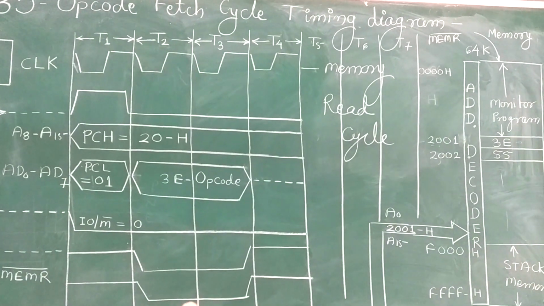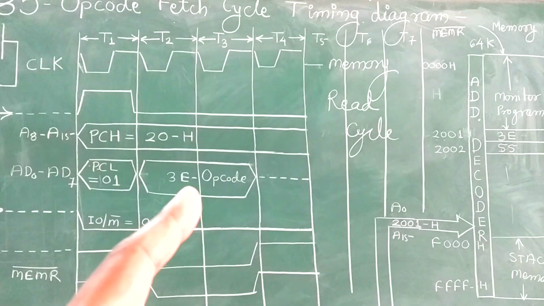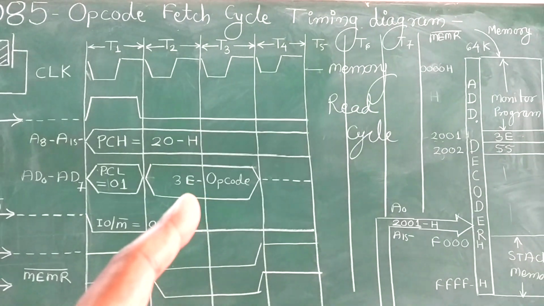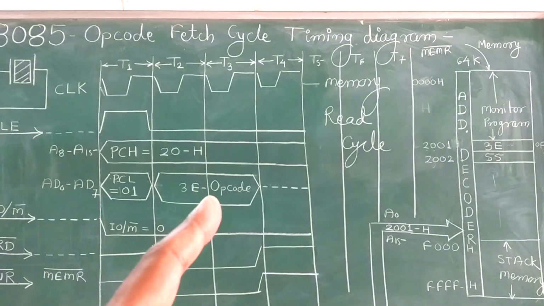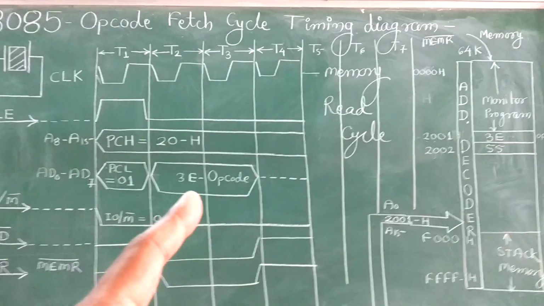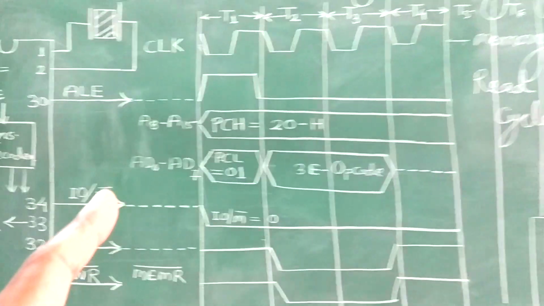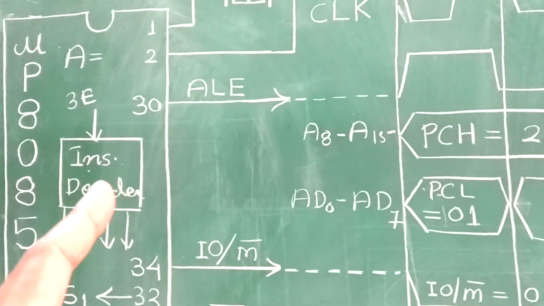When this signal is generated, the opcode from the memory is fetched or loaded into the data bus, and ultimately it goes to the instruction decoder as we have already studied.